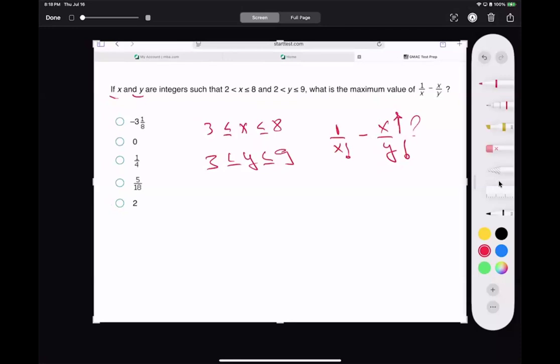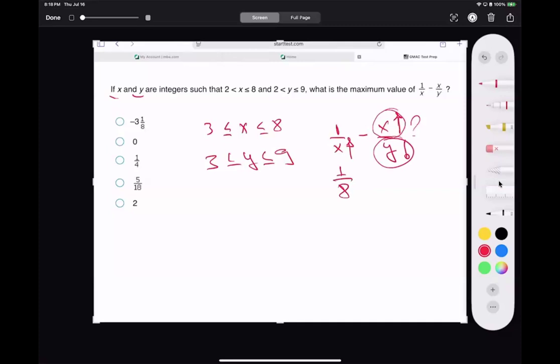Okay, let's try in this way. What is the x minimum? It is 3. Do you guys agree? Minus 3. What is the y? Sorry, I said the x needs to be maximum and y minimum. What is the x maximum? The x maximum is 8.